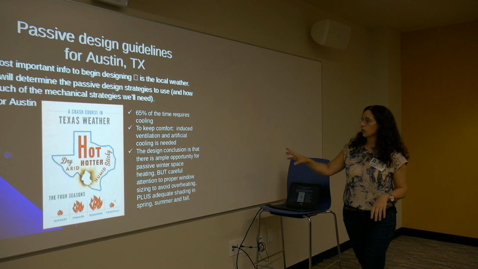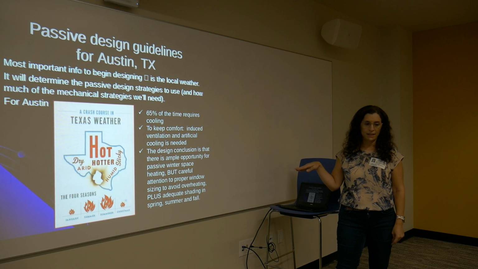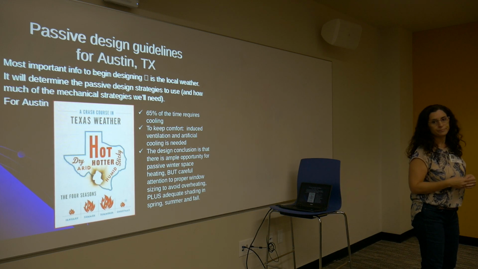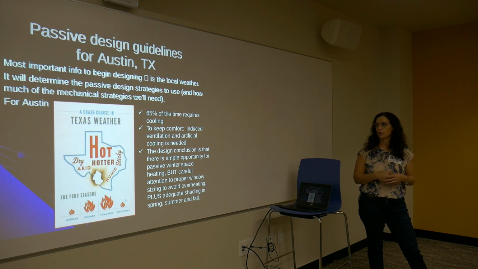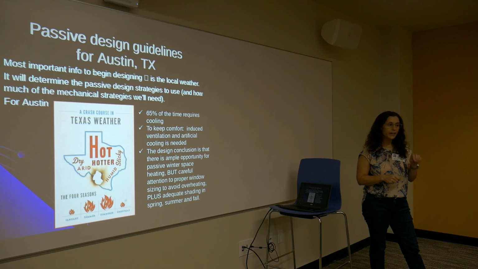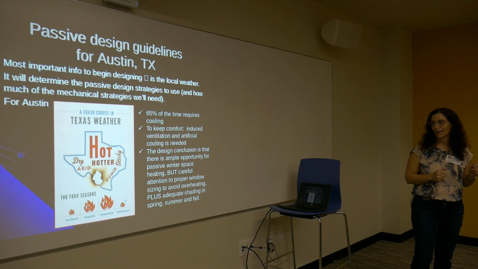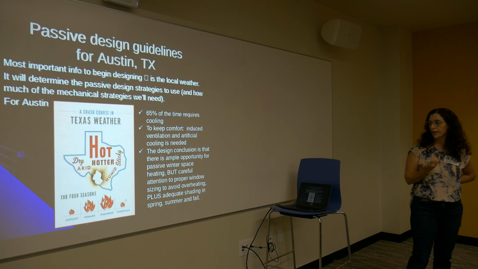So the design conclusion is that there is an ample opportunity for passive winter space heating. Even if it's just a few months, we can use that resource, which is the sun, to help us heat our houses. But we need to be very careful how we take advantage of the sun, because we can have overheating.